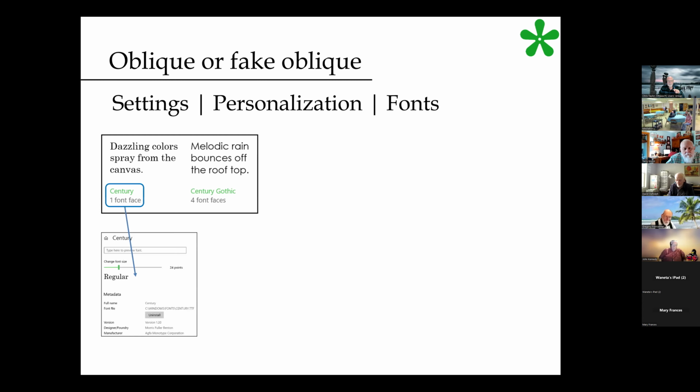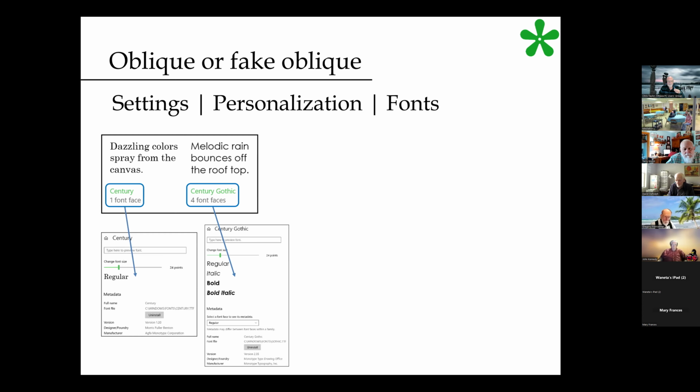In that case, what we have is actually 4 typefaces that were designed by the type designer, including the italic. In Century, if you do an italic, it'll show up as italic, but that's a fake italic because that's just Microsoft Word or whatever skewing the thing over with no hinting, no subtle differences that the type designer might have designed into the typeface.